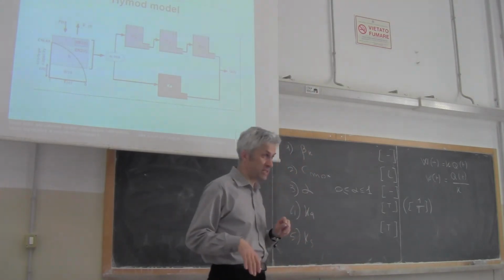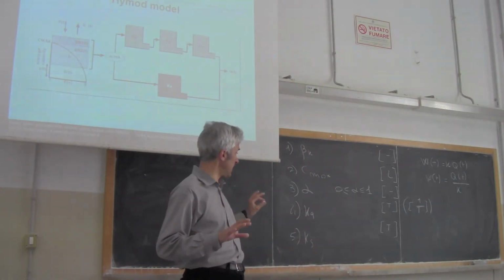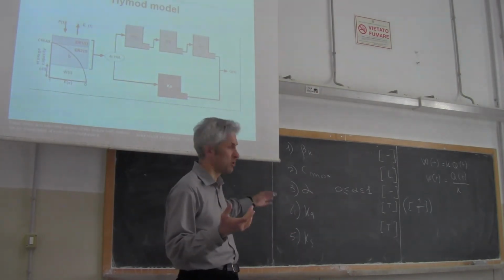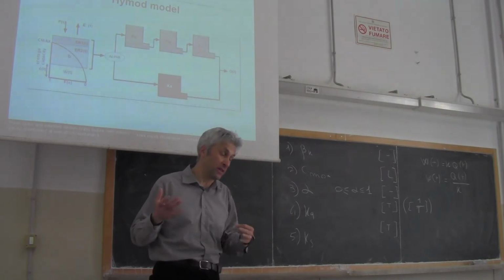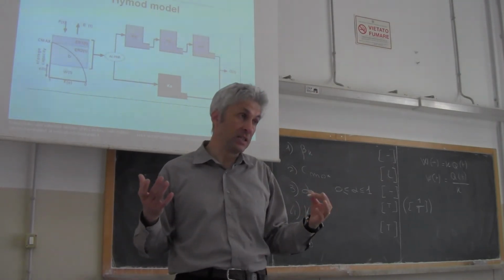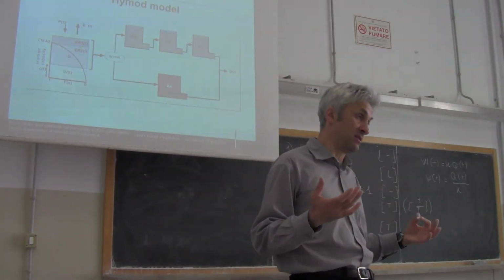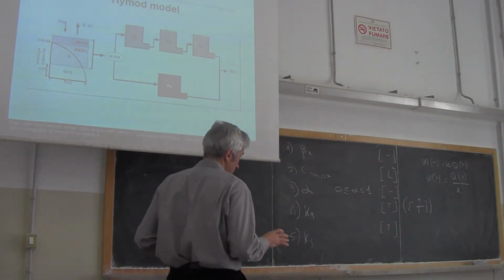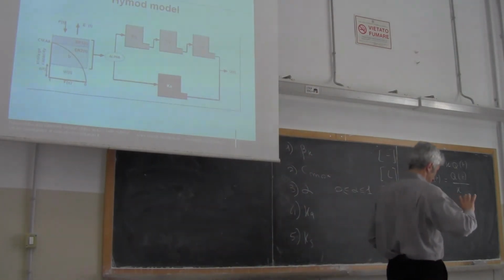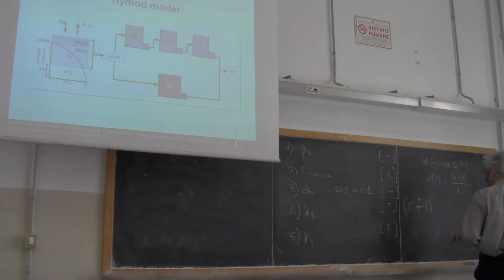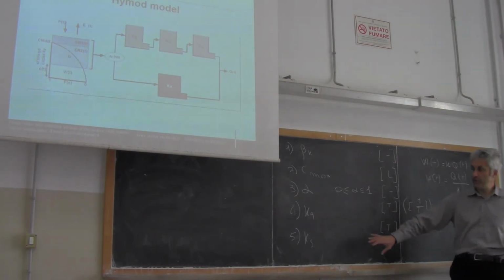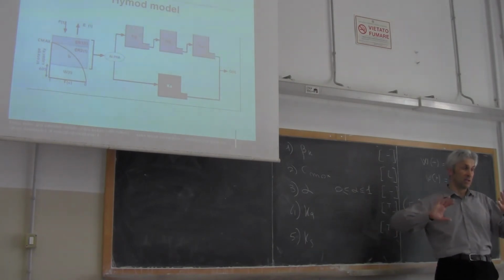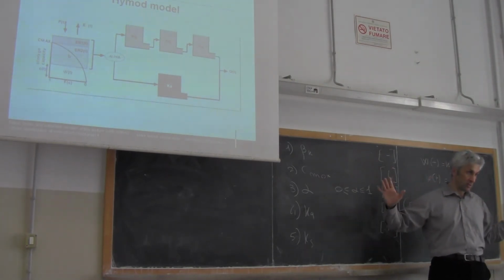5 parameters means that if you compare IMOD with the linear reservoir, which has only 1, you understand that the model is more complicated, but on the other hand, more flexible. These parameters need to be estimated. How? We will discuss, maybe also tomorrow, techniques for finding the best values for model parameters, whatever model we consider.